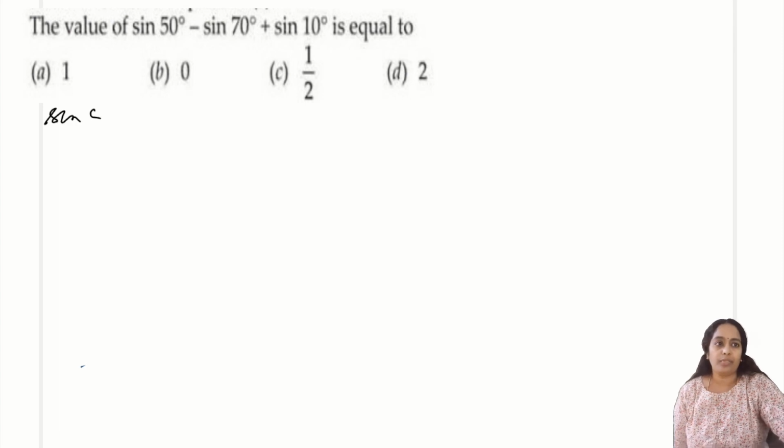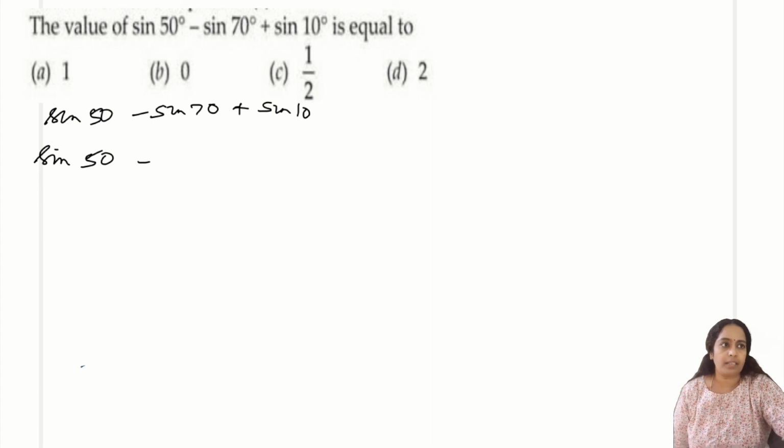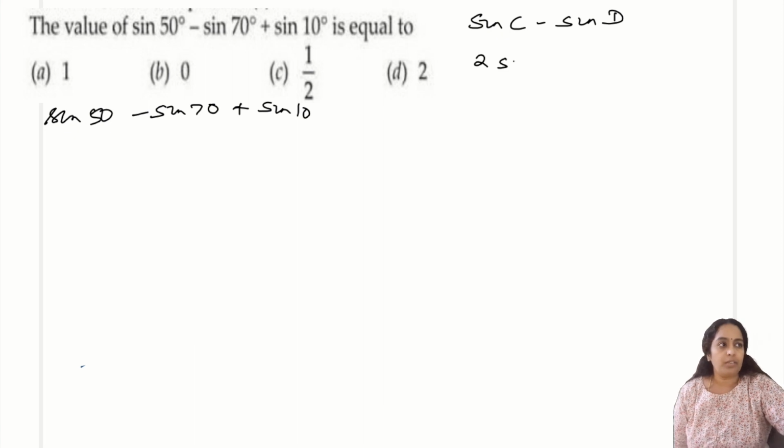Value of sine 50 minus sine 70 plus sine 10. So this is the question. So sine 50 minus sine 70, I can use the identity here. What is sine C minus sine D?